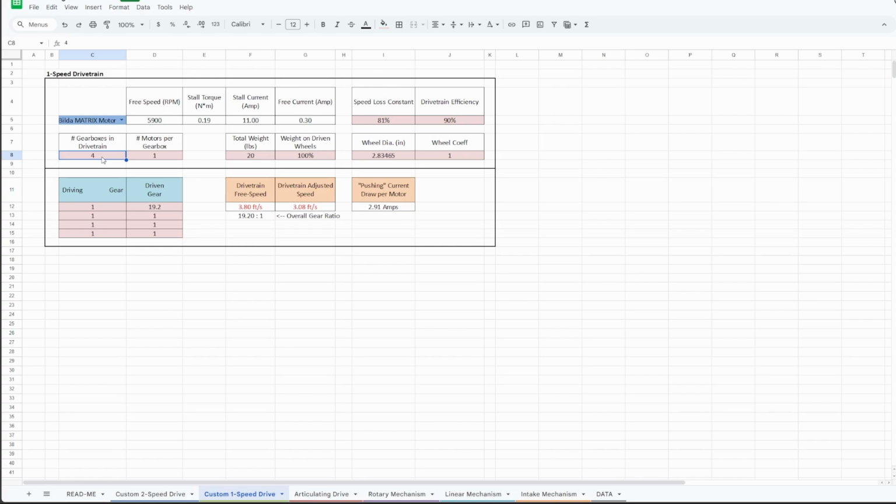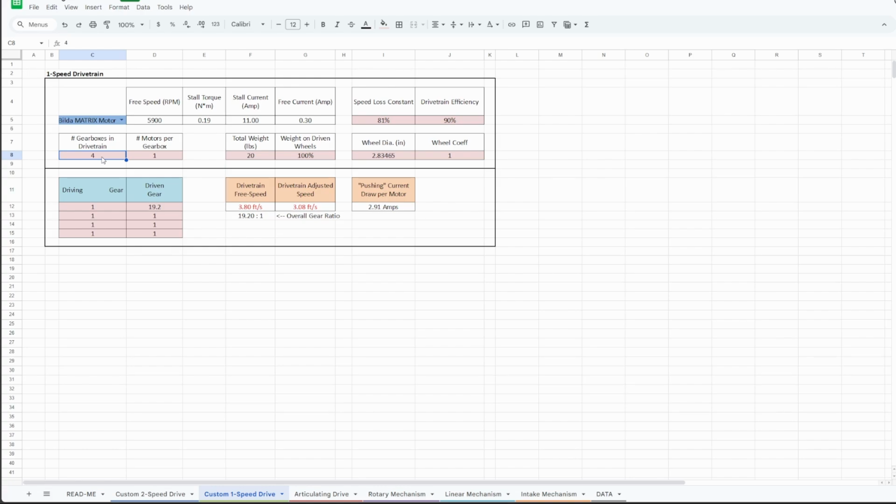We have gearboxes in the drivetrain. This essentially is the amount of wheels that you're seeing in your drivetrain in an FTC case. But in an FRC case, it can be different. And even in FTC, it can be different because most of our drives are holonomic. We have 4 gearboxes per drivetrain because we have 4 wheels, and these wheels are at angles, but they're very much directly driven by the motor.